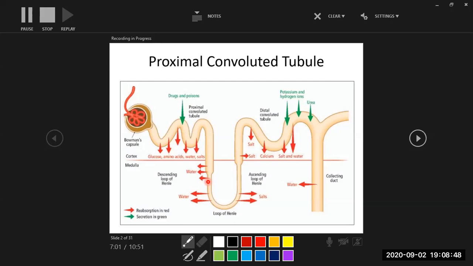So the loop of Henle makes a very sharp turn down to the Dead Sea, and then comes back. So this medulla, a high osmolarity, high concentration environment, plays an important role in providing the function of the kidney. Okay, so we will learn about it.